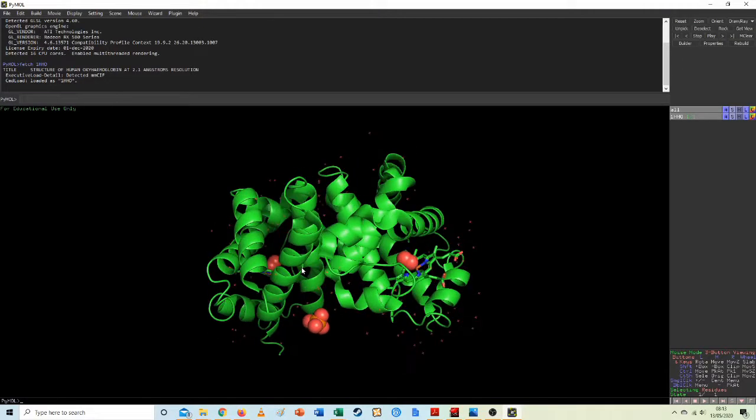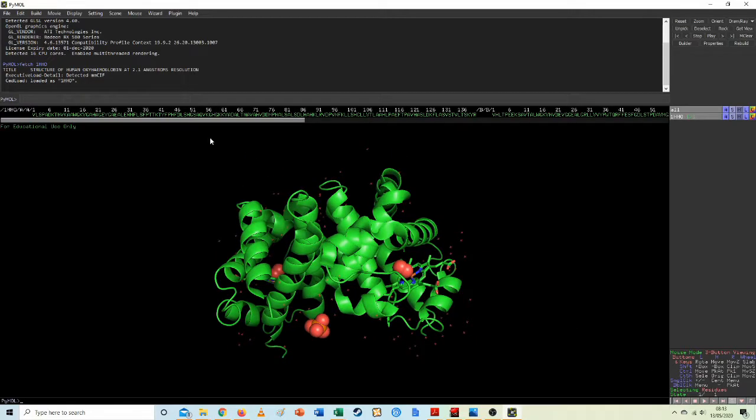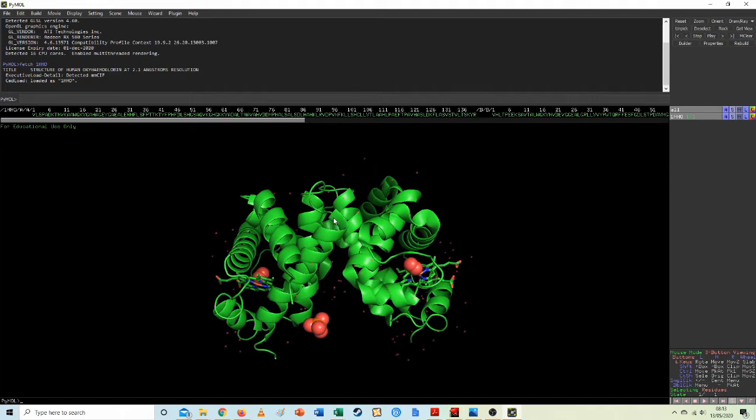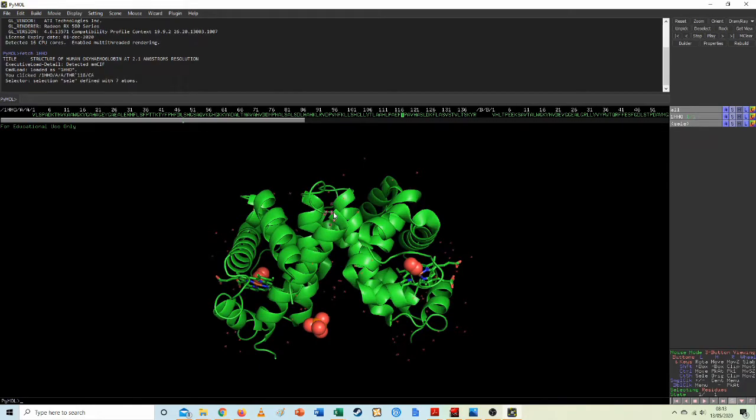So what we'll do is we will show the residues. Right, that residue is there, and it's T.